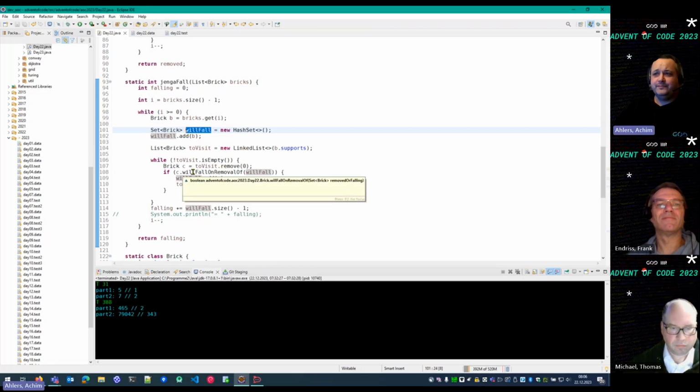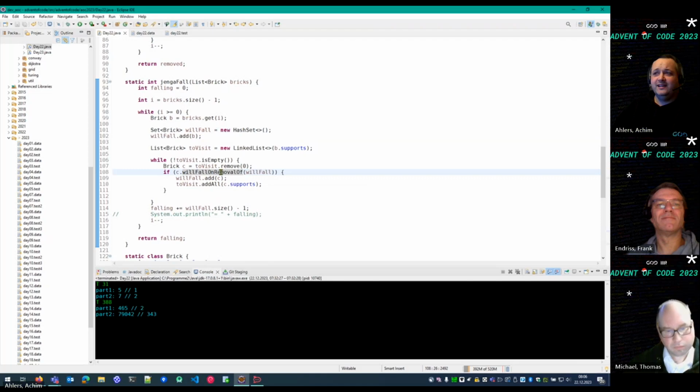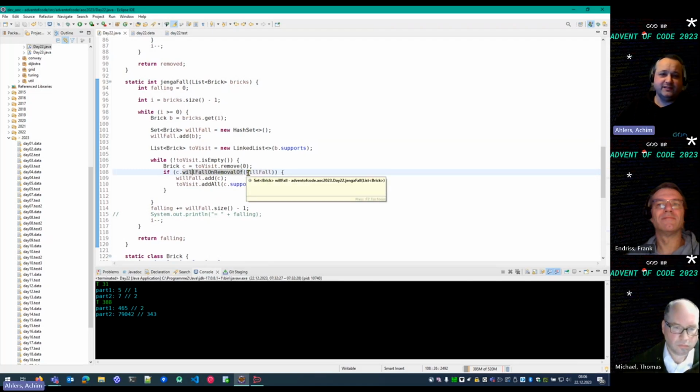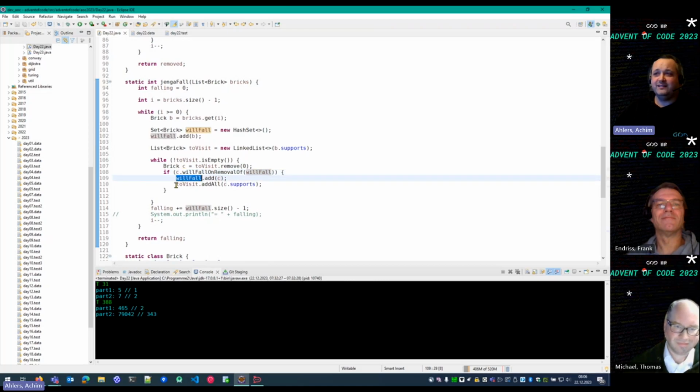There I can check if I remove that brick and any other that is already falling as a result of that, if I kick them out of the equation, will this other brick also fall? If it does, I add it to my will-fall set, and I add the bricks supported by that brick to my list of bricks that I need to visit.